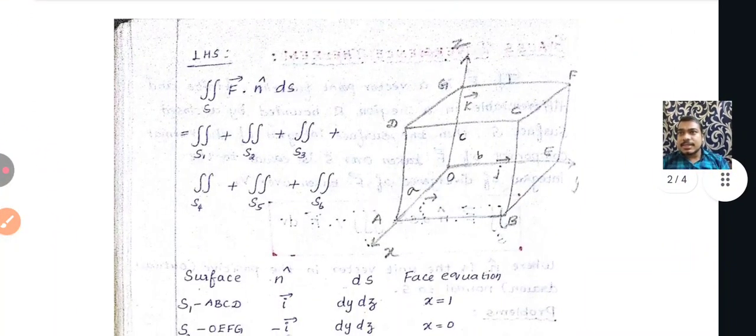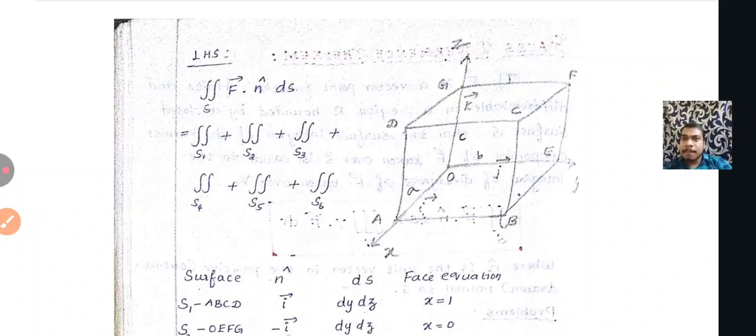Next, let us take the LHS, the surface integral, double integral over S of f dot n cap dS. The cube has 6 faces, so we add the 6 surfaces, which is the total surface: double integral over S1 plus S2 plus S3 plus S4 plus S5 plus S6.